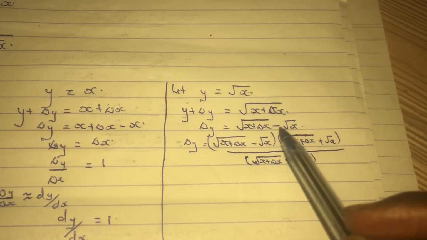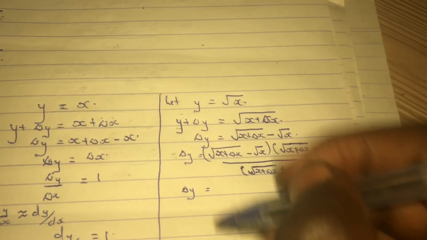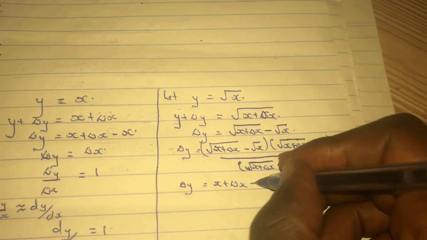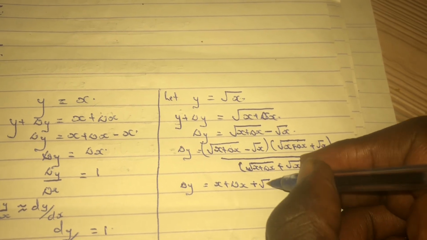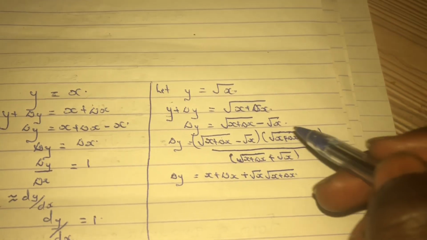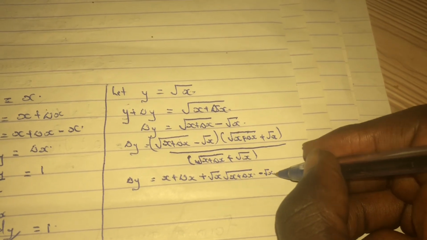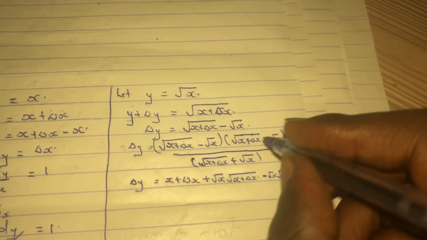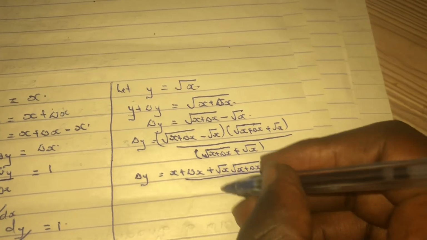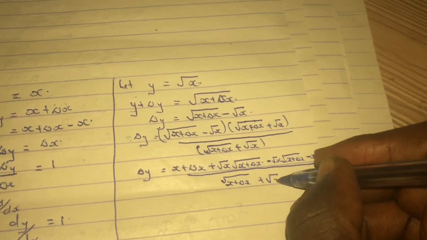So when we actually get this, change in y equals this times this, we shall remain with x plus change in x, and this times this will be plus root x times root of x plus change in x altogether, and this times this will give us minus root x times root of x plus change in x, and this times this will leave us with minus x, over root of x plus change in x plus root x.